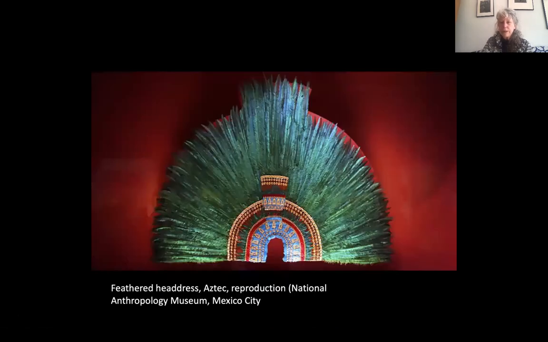So one of the pieces of evidence that the Chacoan culture was in contact with people in what we call Mesoamerica was the existence of remains of a kind of parrot called the macaw. Macaws are not native to North America, but they found skulls and bones of macaws at Chaco Canyon and other sites.